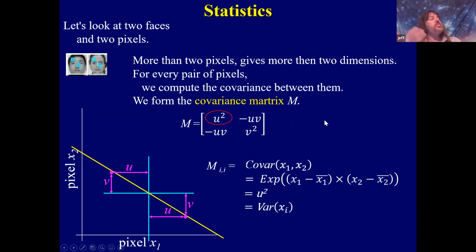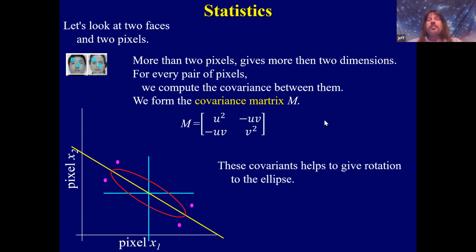Everybody good with our matrix here? The matrix helps us define the covariances, and so the rotation of the ellipse. If all the other covariances were zero because we had all independence, then the ellipse wouldn't be rotated like this.